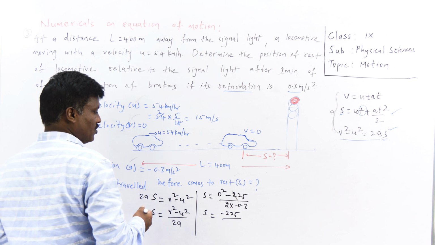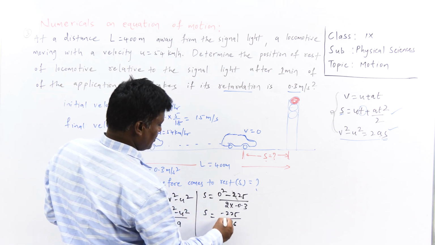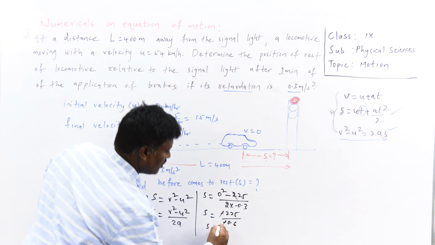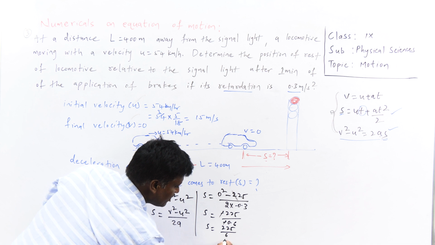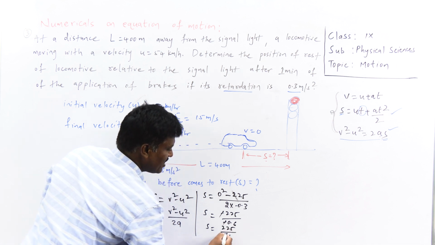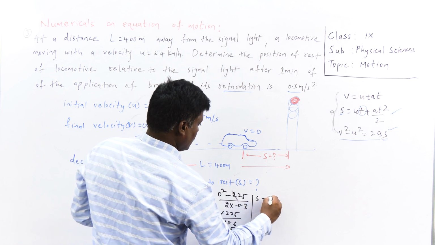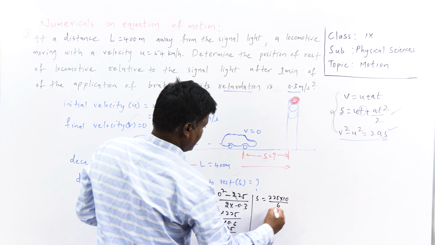The minus gets cancelled. So this can be written as s = 225 by 6 by 10, since 0.6 can be written as 6 by 10. In the next step, that can be written as 225 into 10 by 6.